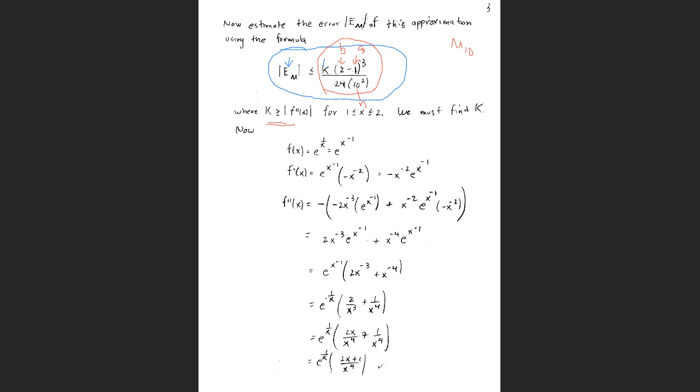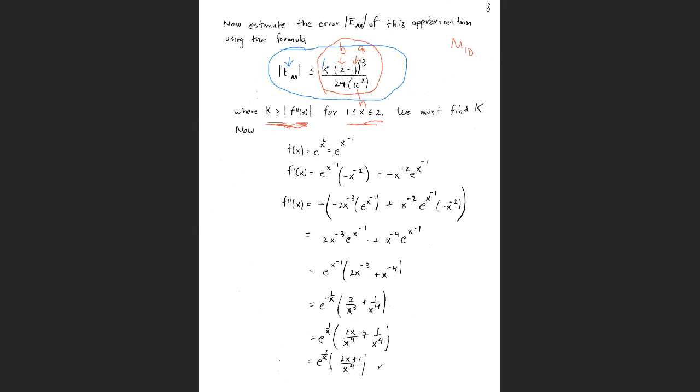Now big K is greater than or equal to the absolute value of the second derivative over our interval from 1 to 2. So in order to find K, I have to find the second derivative for our function.